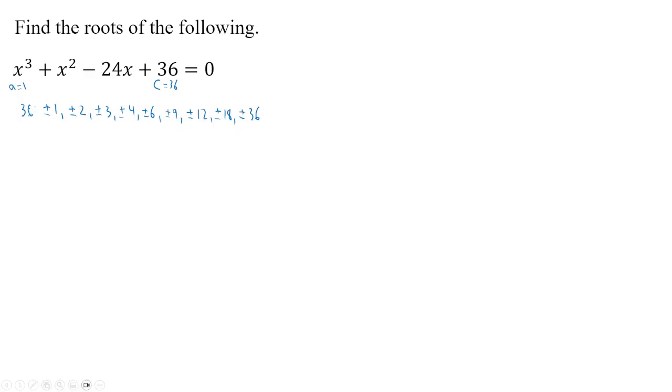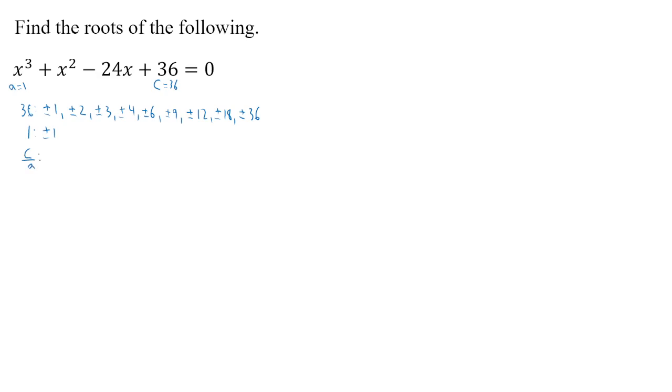So these are all the factors of 36. Next, we're going to list all our factors of 1, which is just positive negative 1. Now, it's very important that you list both positive and negatives when you're listing your possible rational roots.